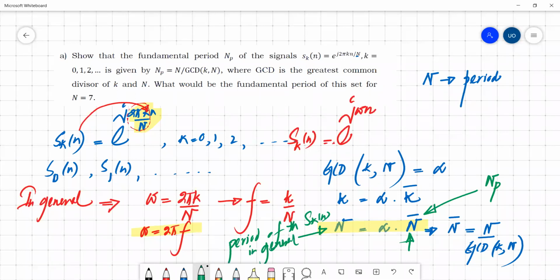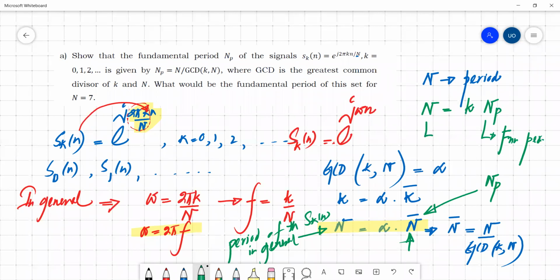If we have a fundamental period, it means there should be a value for the fundamental period, and the periods of this set of signals S_k[n] can be represented as a function of N_p. So this is the period of the signals S_k. It should be represented as K times N_p. So N_p is the fundamental period.